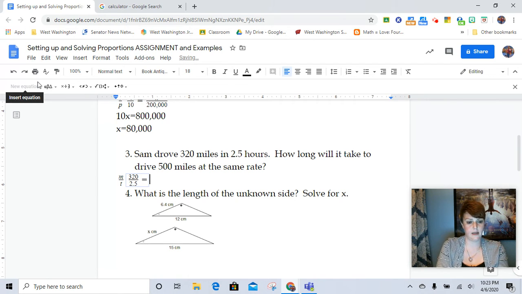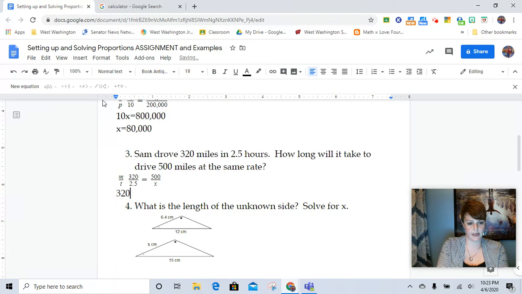And that's going to be equivalent to how long will it take to drive 500 miles at the same rate? Well, we know how many miles, so I can type that in, and I don't know how long it will take. That's time. So that's my x value there.